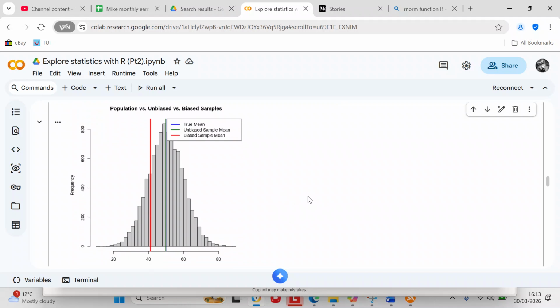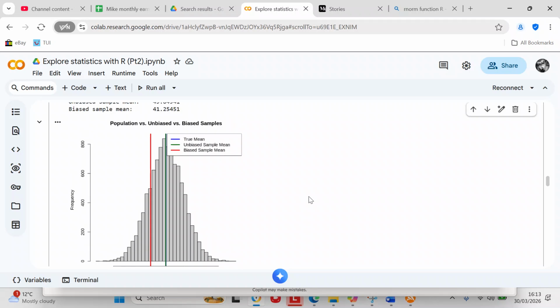And so your mean and your unbiased sample mean are pretty much the same, really close together. And your biased sample mean is really low. And that's because the unbiased sample mean takes a sample from 0 to 100, whereas the biased sample mean takes a sample from 0 to 50.